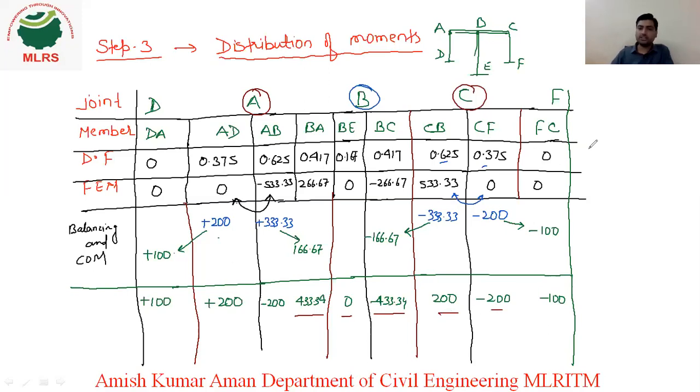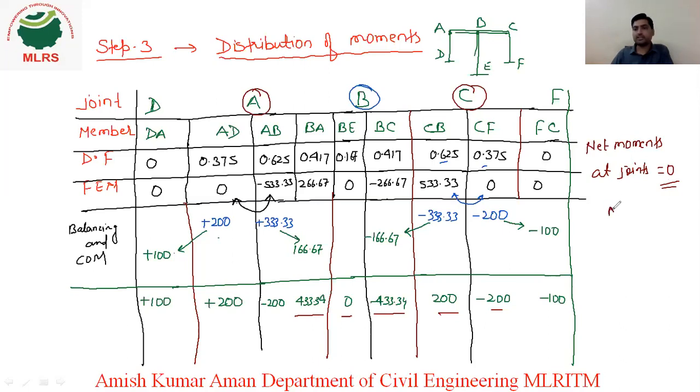So we got the net moments at the joints equal to 0. So this is the perfect case. We have solved this. We needed to distribute the moment for only one step, and after distributing the moments for one step only, we got the solution, and the net moment at the joint became 0. Yesterday I told you in the last class.